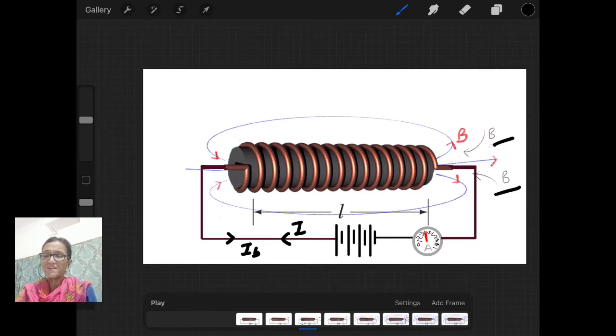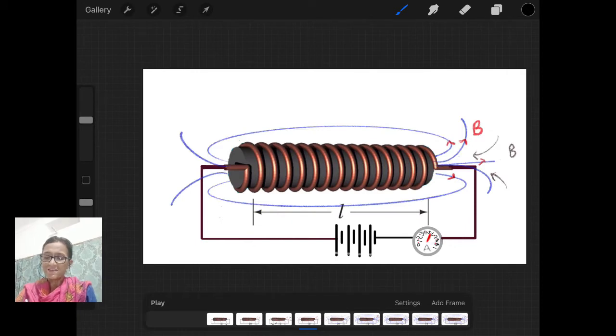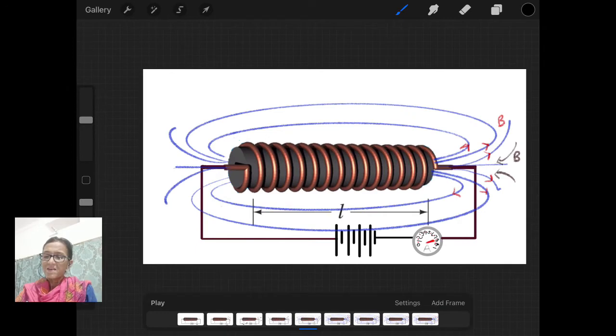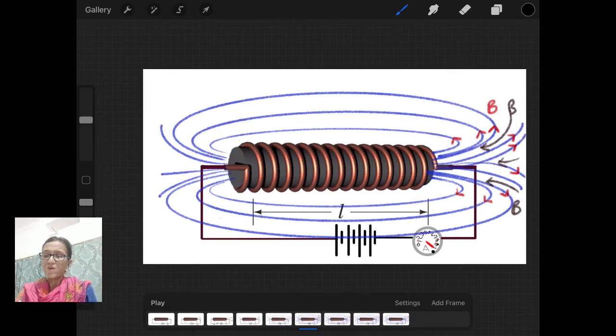So here you will see an increase in current, an increase in magnetic flux. And this is the maximum value of current and you have the maximum value of magnetic flux. Now no change in current, no change in magnetic flux.